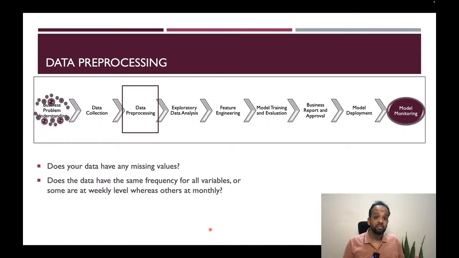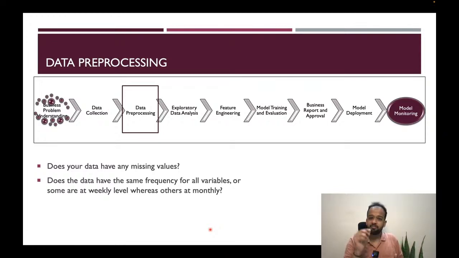Also, the second problem could be you are working with so many different kinds of data sets and they have different frequencies. So you have to figure out, does the data have the same frequency for all the variables in terms of the time component? Let's say there is no time component. Is it having the same granularity, right? Some data sets are at a product level, right?